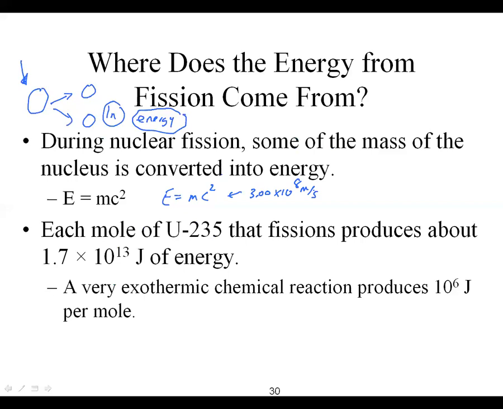If you take uranium-235, which is sometimes used as fuel for nuclear power plants, it produces about 1.7 times 10 to the 13 joules of energy. That's much more than an exothermic reaction that produces something like 10 to the 6 joules. So you get tremendously more energy produced.